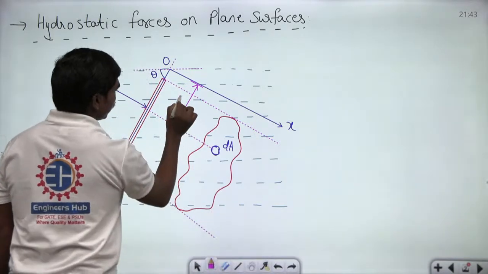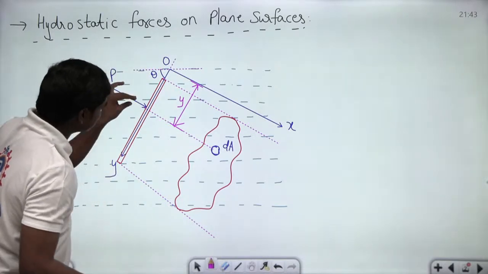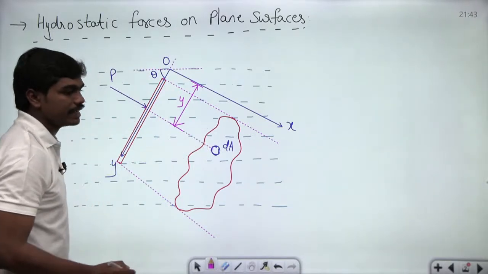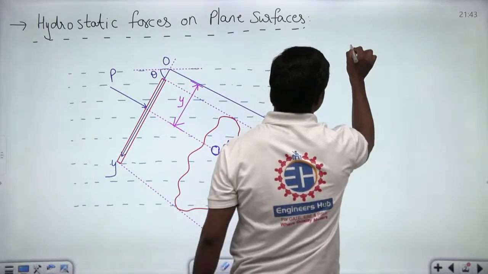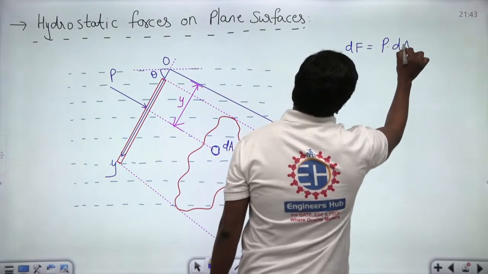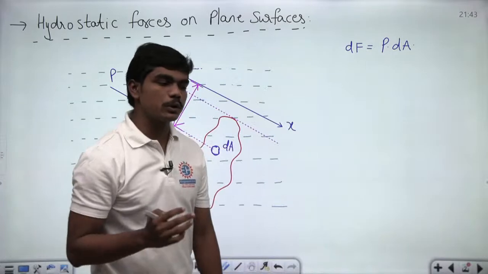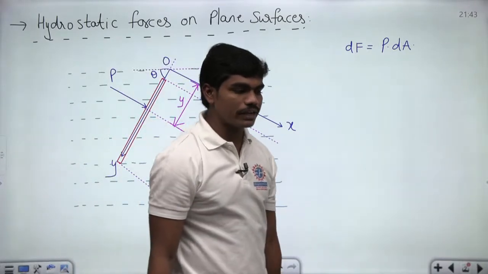Now if you consider the effect of this small force on this elemental area dA, can I write the small elemental force dF is equal to P times dA, because force is nothing but pressure into the area on which this pressure is acting? So can I write dF is equal to P times dA?